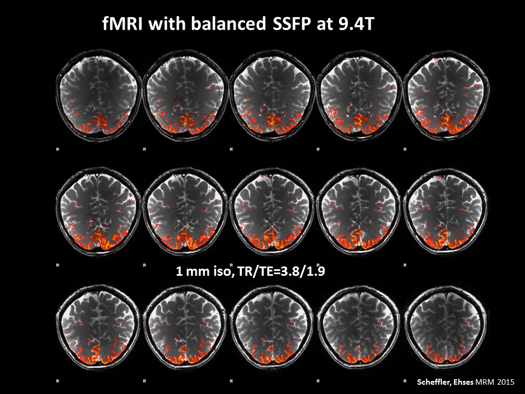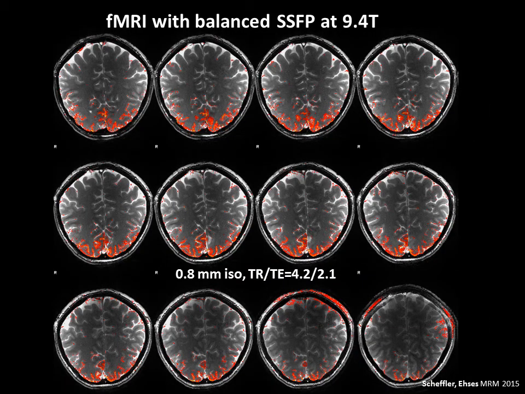So if you confine your region of interest to small volumes, it is no problem with a repetition time of 3 or 4 milliseconds to get banding free images, at least in this region. Also we went to higher resolution, 0.8 millimeter isotropic, resulting in a little bit longer repetition time of 4 or 5 milliseconds, and even then it's possible to have no banding artifacts.